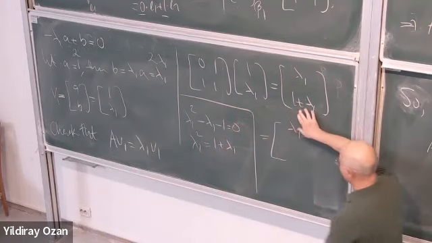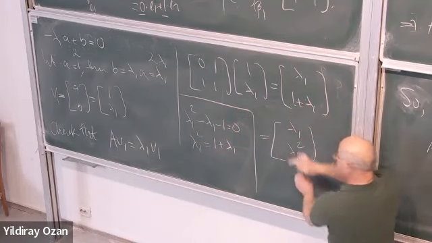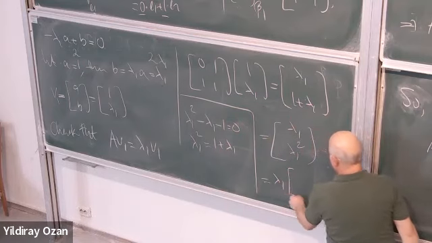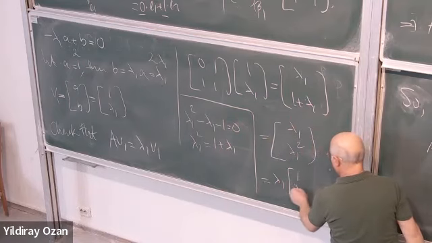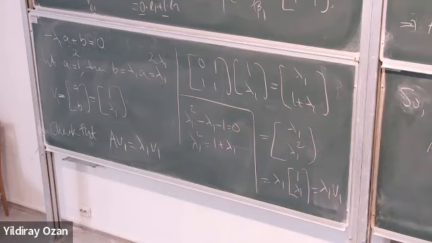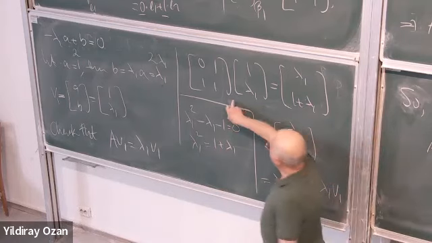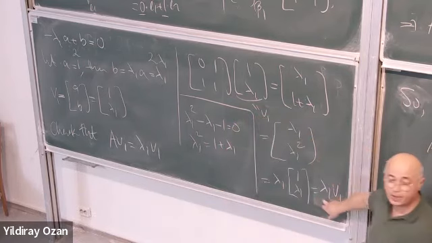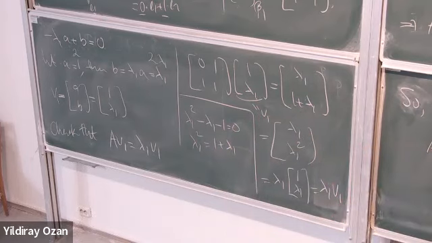So instead of this, I can just write lambda 1 squared. And this is just lambda 1 times 1, lambda 1. So A times v1 is just lambda 1 times v1.